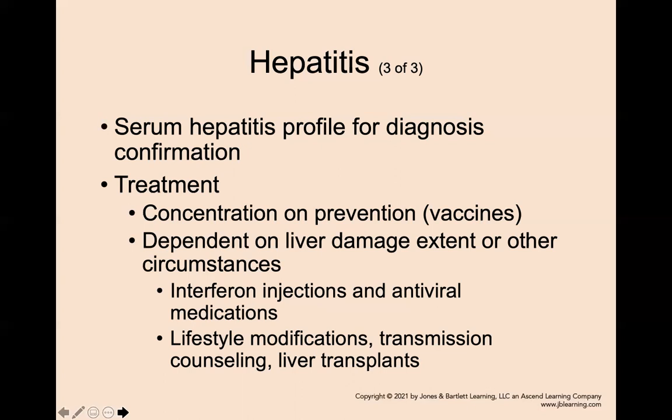The other thing, as far as transmission counseling, type B and C can be transmitted parenterally and sexually through blood or contact. So you need to take precautions to prevent that transmission. And if it gets to be too bad, considerations for liver transplant need to be made.